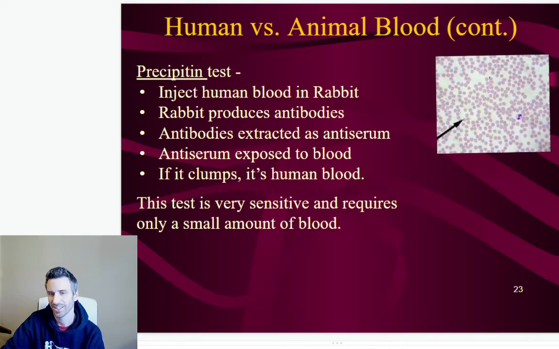The rabbit is trying to produce a serum to fight off the human part. From what I understand, this does not harm the rabbit. It's not a lot that is needed, and that's a way to tell whether it is human blood or animal blood.